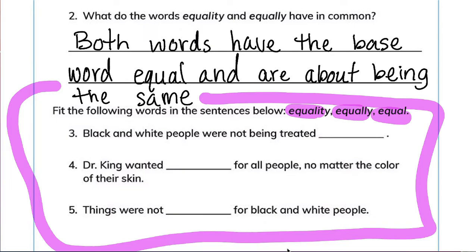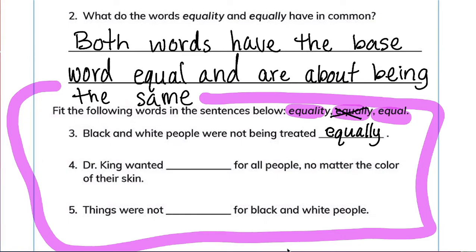So number 3, black and white people were not being treated equality, were not being treated equally, or were not being treated equal. If we're describing how they were treated, we call that an adverb. Remember that word? So this one would be equally. They were not being treated equally.